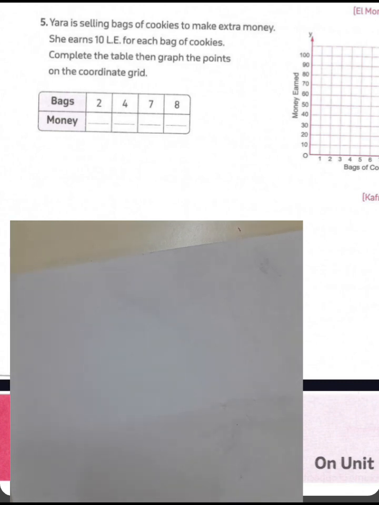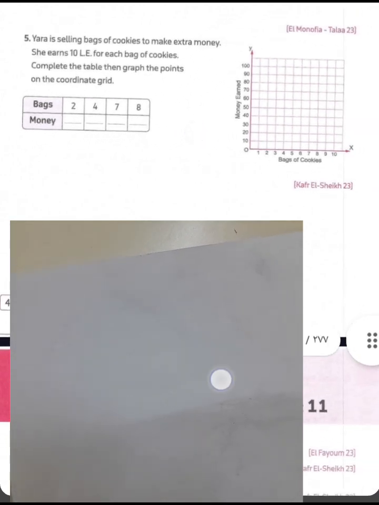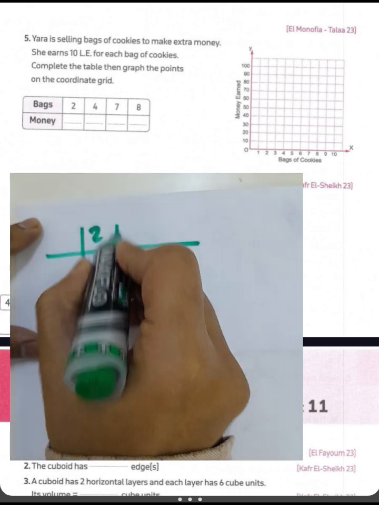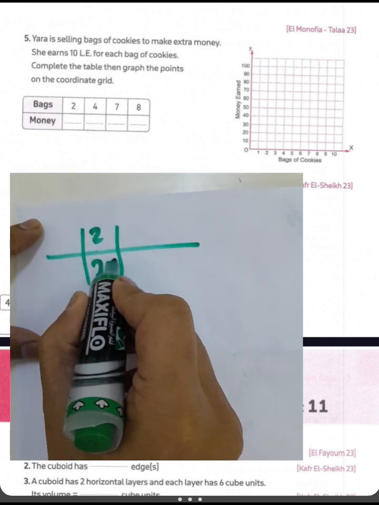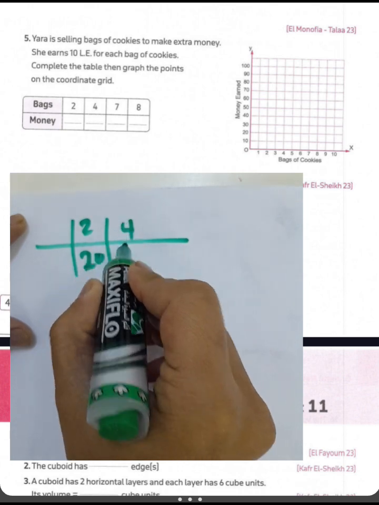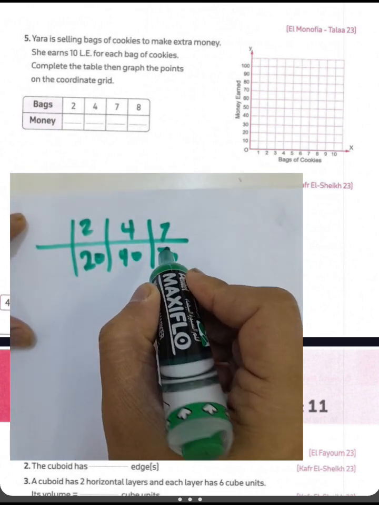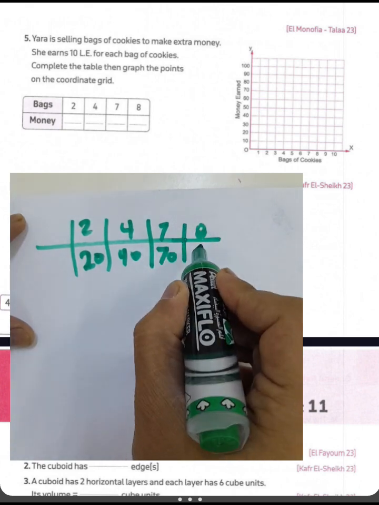Okay, we have here 2 times 10 equals 20 because the price of each one equals 10 pounds. We have the table here: 2 times 10 will be 20, 4 times 10 will be 40, 7 times 10 will be 70, 8 times 10 equals 80.